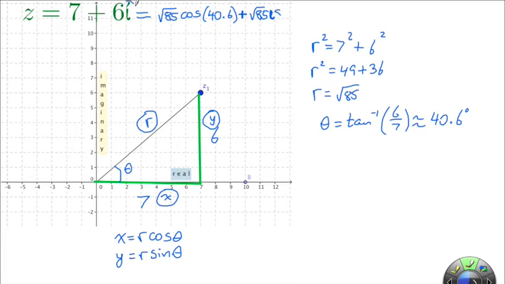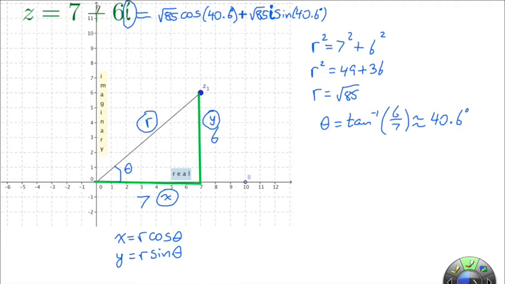But the i is here, so I have to take care of it. So the 6 is the square root of 85 sine, but I got to throw that i in there, so I'm going to place it in this area. Sine of 40.6. Don't forget my little degree signs. There. So we can change 7 plus 6i into this really long expression.